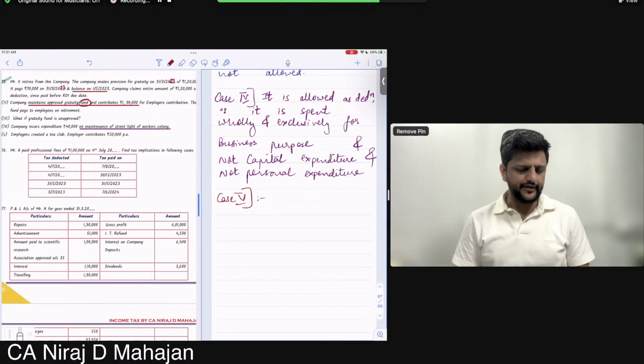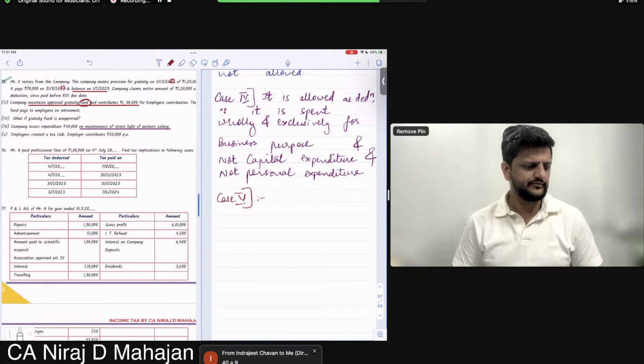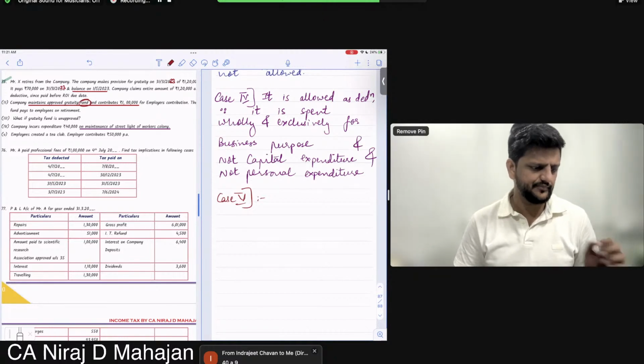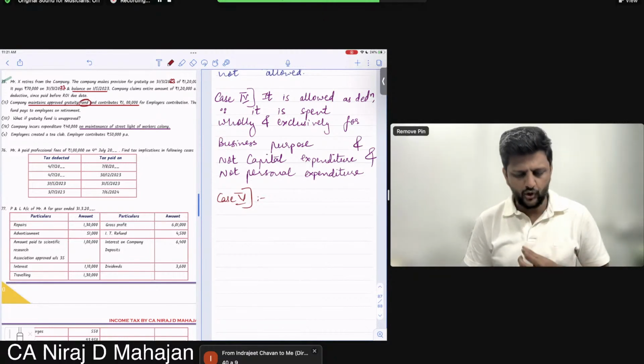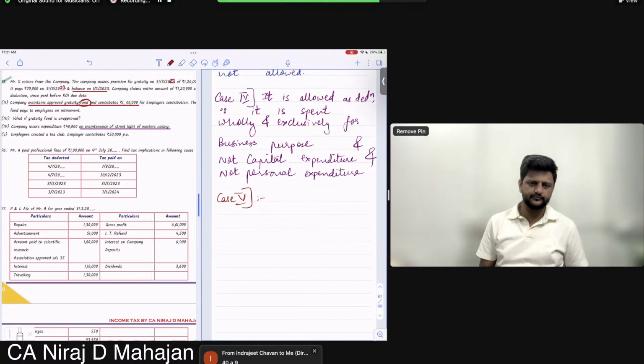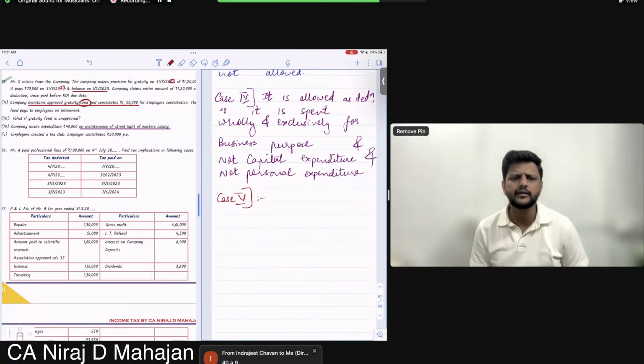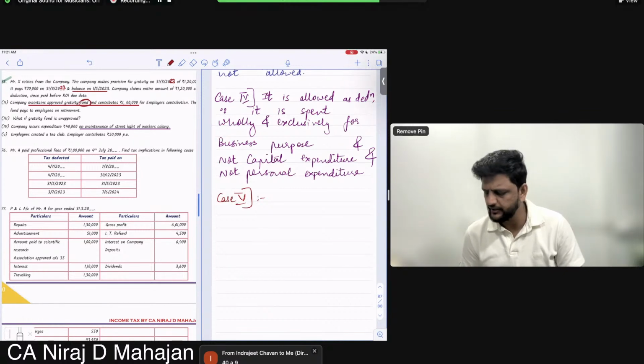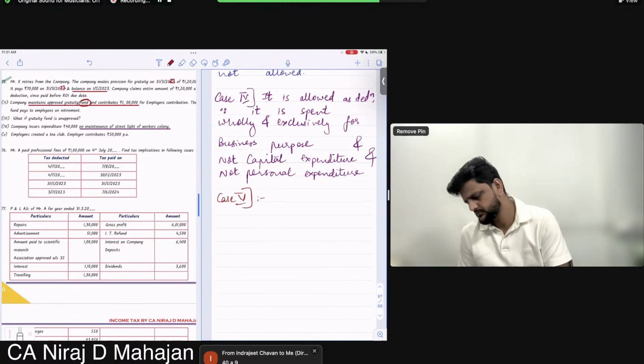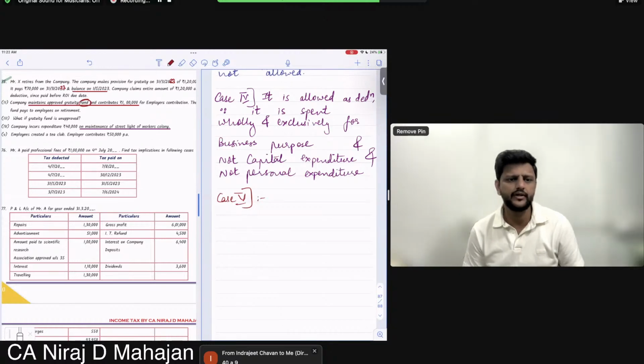Employees created a tea club. Tea lovers. So tea club. Employer contributes rupees 50,000 per annum to that club. 40A(9), children, okay. 40A(9) was for what?